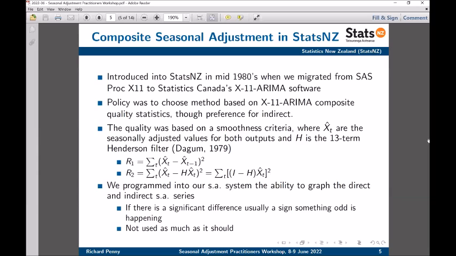It doesn't seem to be done a lot, and I think it's really quite good, because I say to people that direct versus indirect is not just a decision of which one to choose. It's useful to compare both of them, particularly if in recent times you get different stories, because that means something odd might be happening. So that's always a good thing.